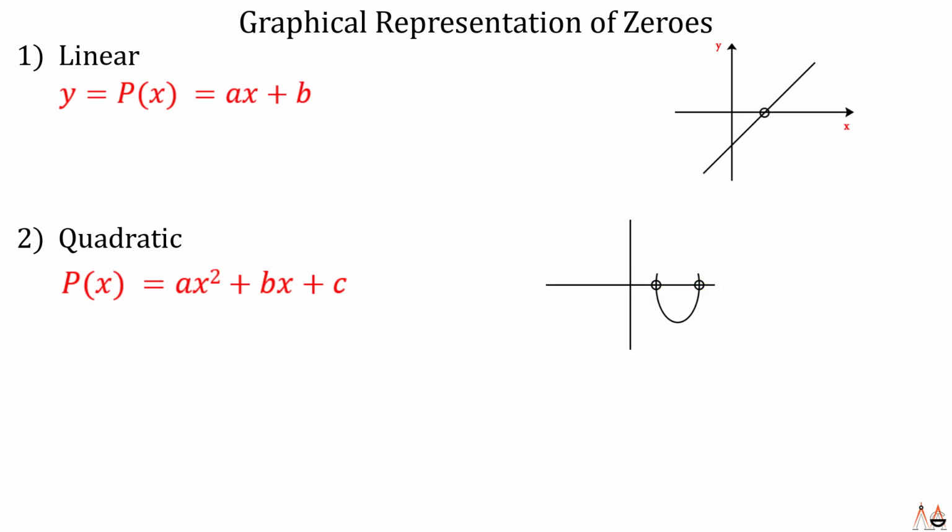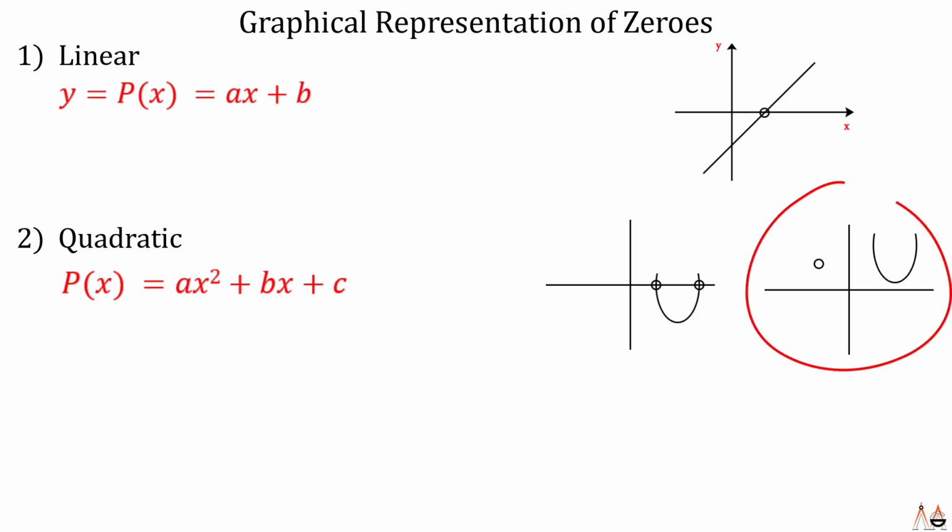But in the figure on the right, it doesn't touch the x-axis at all, so it has no zeros in this case. Therefore, it is important to remember that a polynomial of degree n can have at most n zeros, but they could very well have less than n zeros.